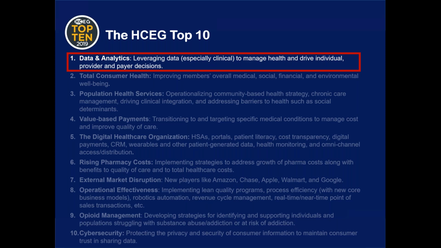Today's webinar series event will focus on our 2019 number one Top 10 issue, which is data and analytics. It was also the number one issue in our 2018 Top 10 list, primarily because of both clinical and social demographic data that is becoming much more available and, of course, much more critical to innovations and advancements in healthcare.